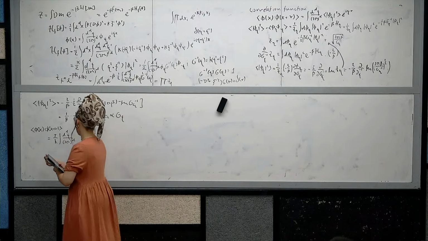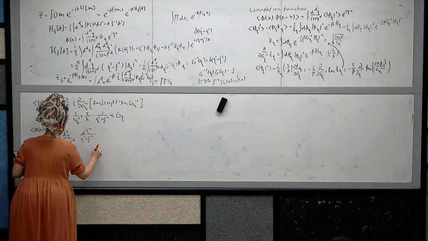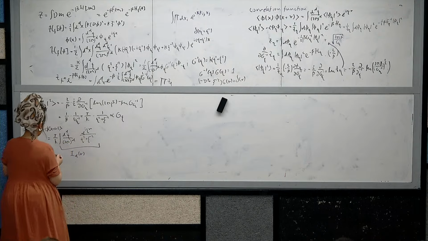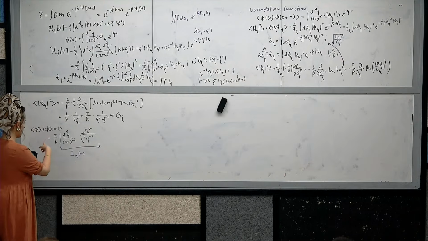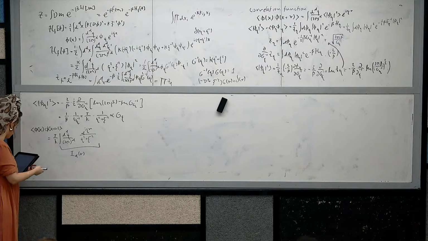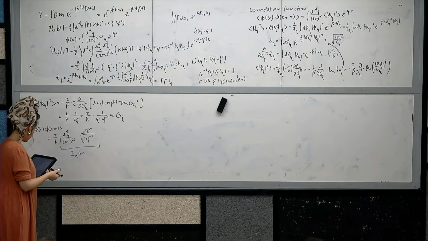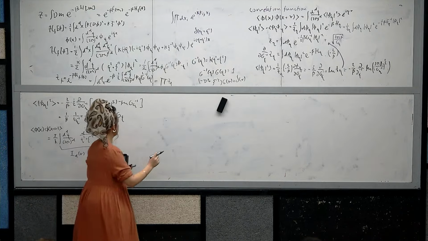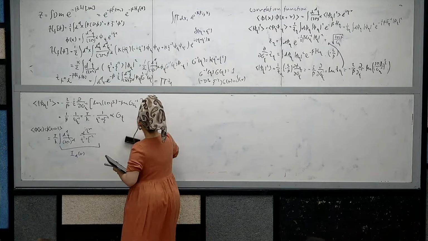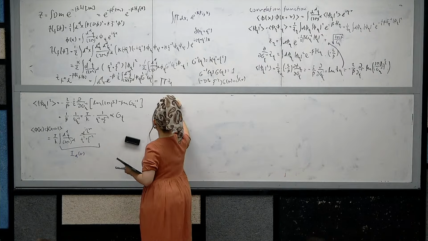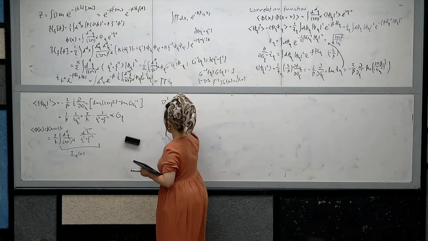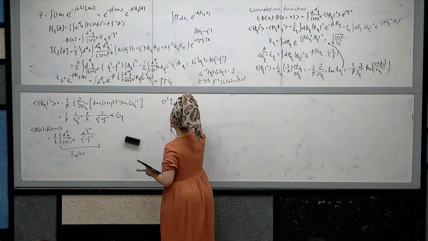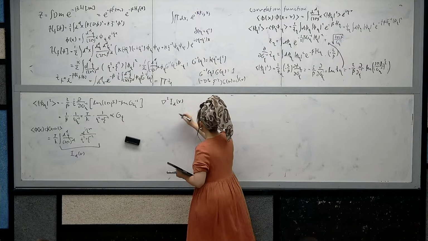Okay, so now we call this integral I_d of r, and we try to estimate that. So we first take a second derivative of it. This is a trick, you can think of it by yourself, okay?